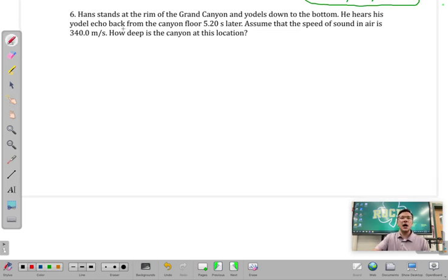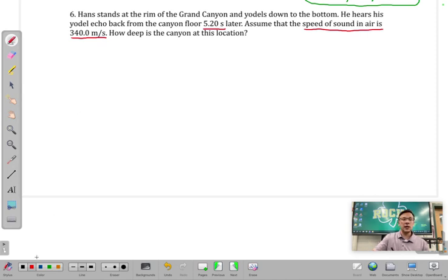Otherwise, it says Hans stands at the rim of the Grand Canyon and yodels down to the bottom. He hears his yodel echo back from the canyon floor 5.2 seconds later. Assume that the speed of sound in air is 340 meters per second, which it is at room temperature. How deep is the canyon at this location?